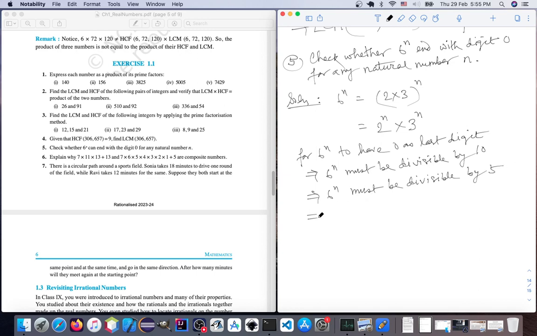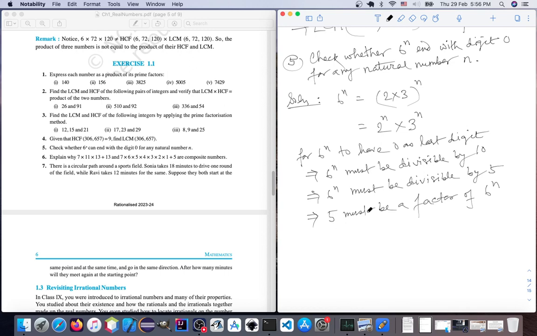This means 5 must be a factor of 6 to the power n.